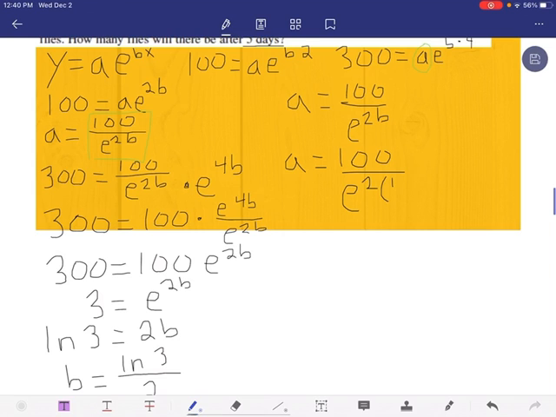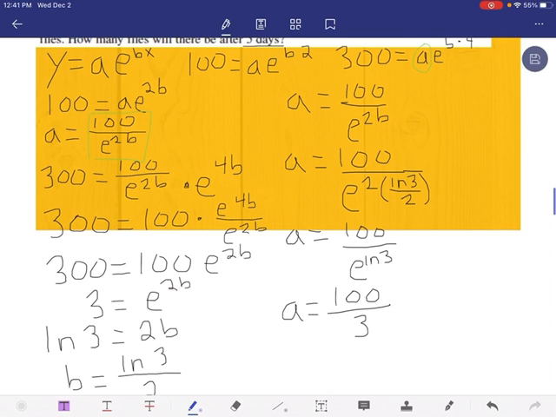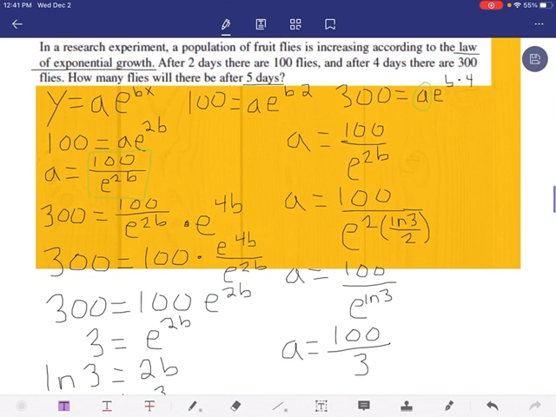We know that it's the natural log of 3 divided by 2. So notice that my 2's are going to reduce. So we end up with 100 divided by e to the natural log of 3. And again, remember that e and the natural log are inverses of one another, so they're going to reduce each other. So we're just going to be left with 3. So we get that a equals 100 divided by 3.